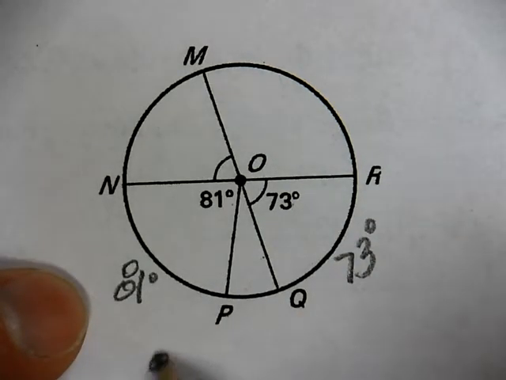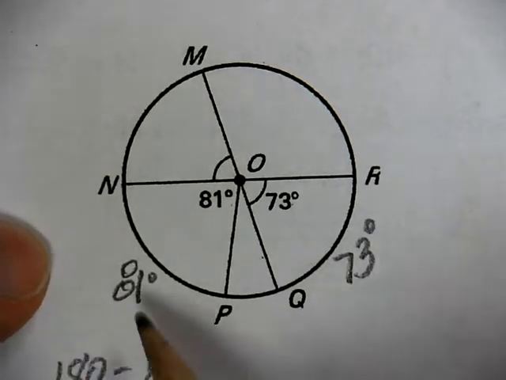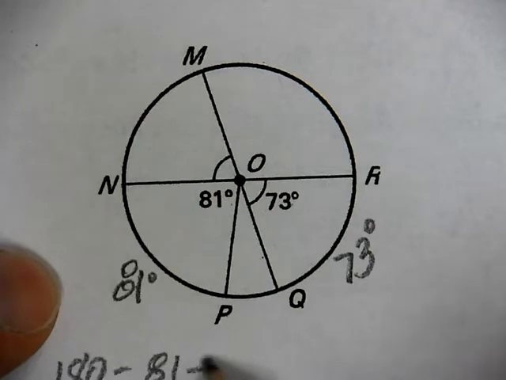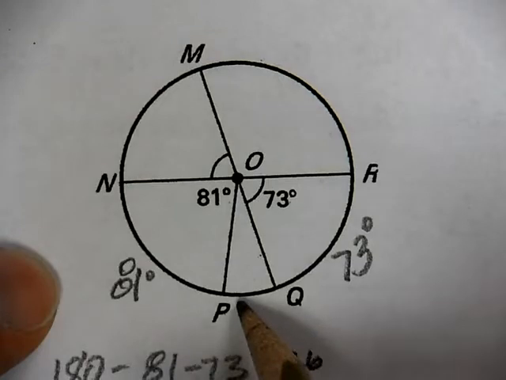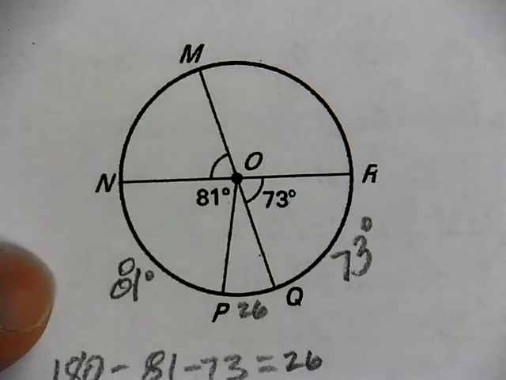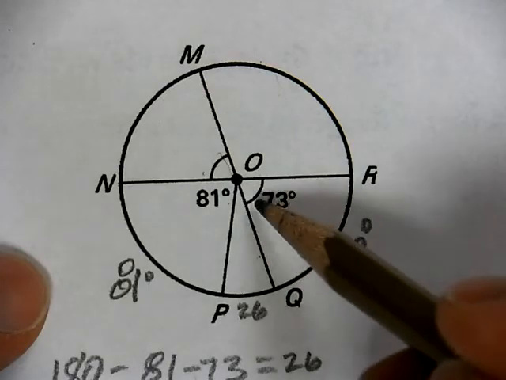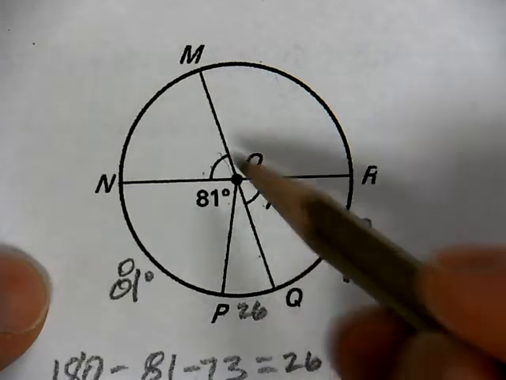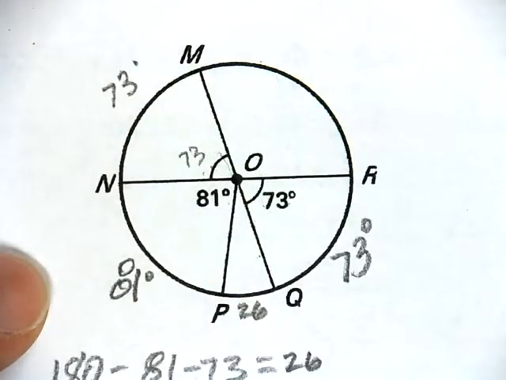So we have 81. We have a total of 180 minus 81 minus 73. That's going to give us 26 for this little bit. Now we know that since this is a diameter, these are vertical angles, so vertical angles are congruent, so that's 73, so this is 73.